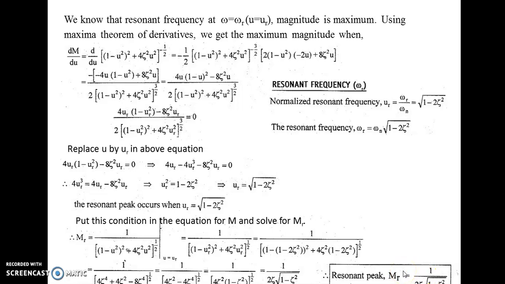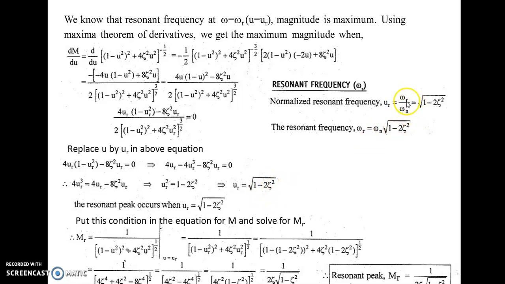Similarly, we can find the resonant frequency, because at this frequency only we can get the resonant peak value. So the normalized resonant frequency ur is nothing but omega r by omega n. We already found ur is equal to square root of 1 minus 2 zeta square, so that is equal to omega r by omega n.